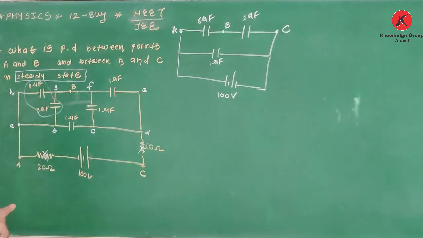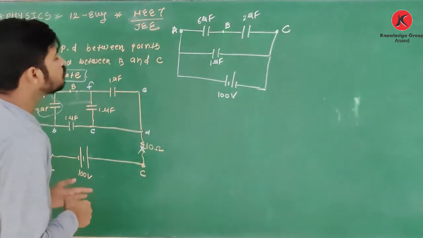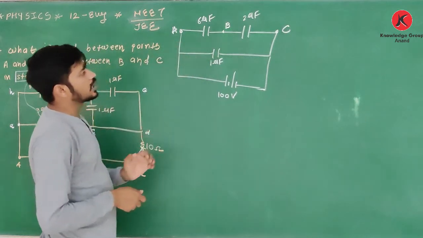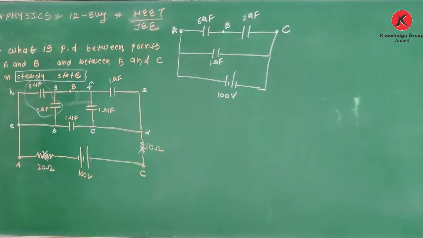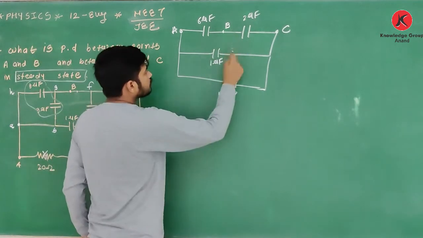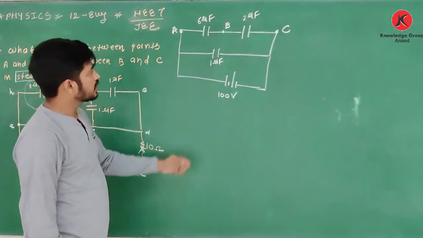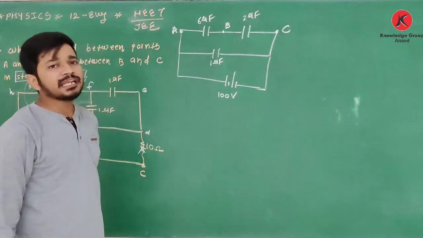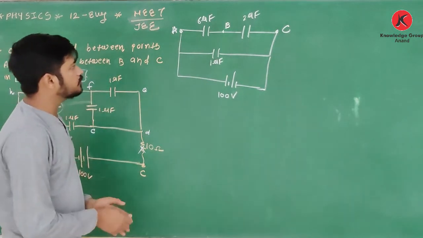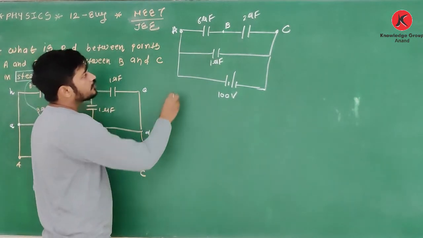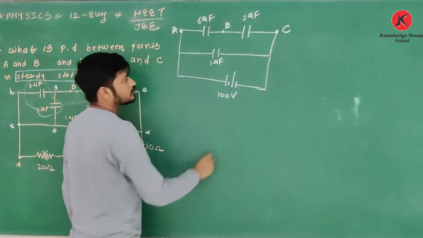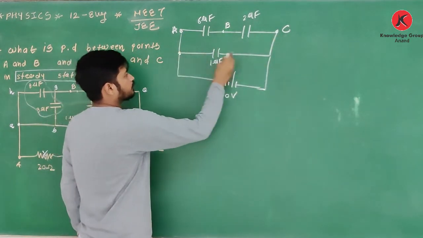Now how to find this potential difference? That we will see. See here, these two branches are in parallel connection. Parallel connection means, what is the potential difference between A and C? It is 100 volt. What is the potential difference between these two ends?